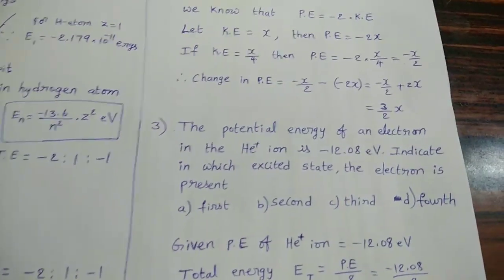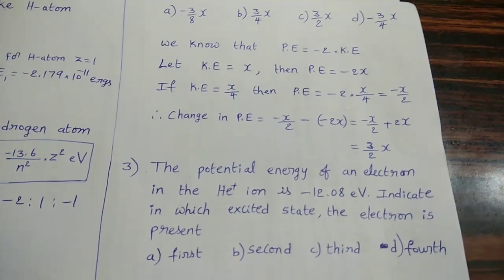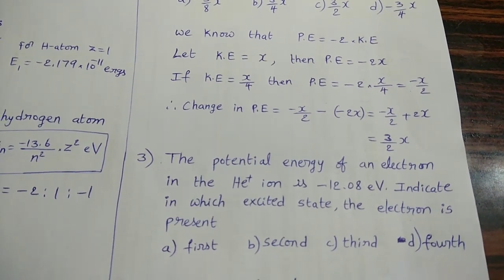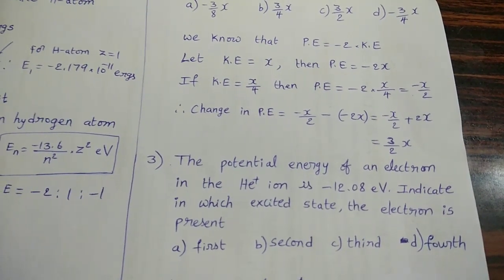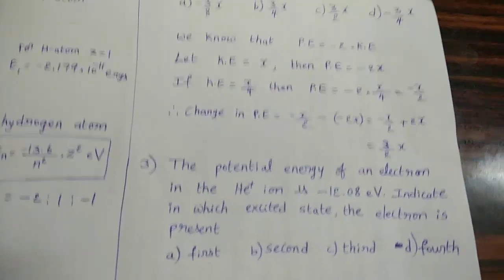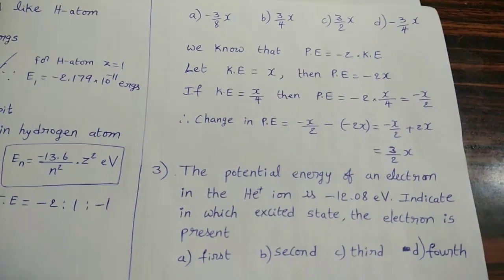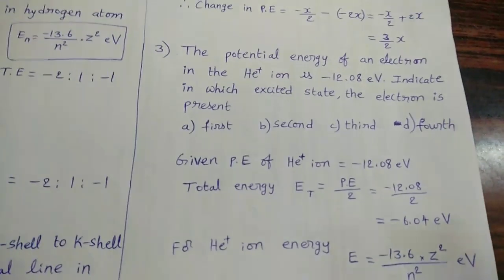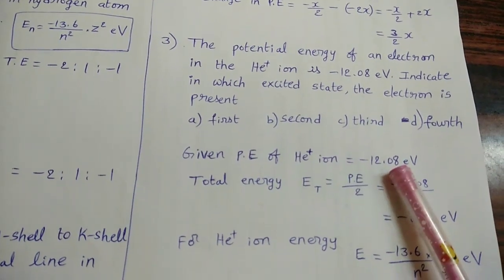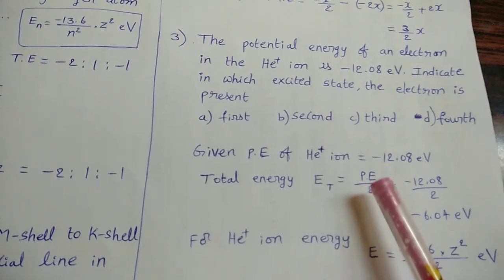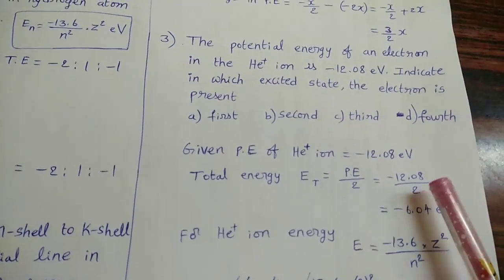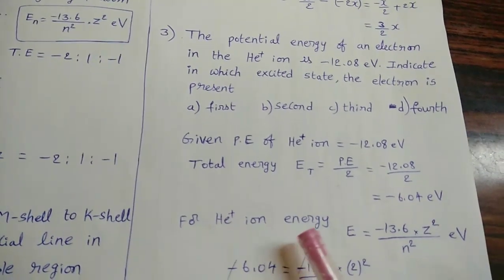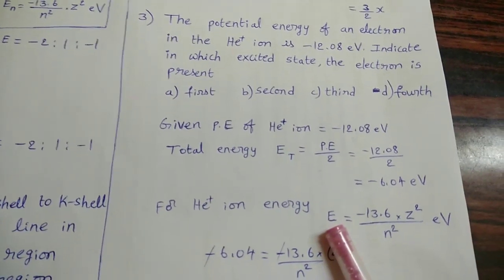Next, the potential energy of an electron in the He plus ion is minus 12.08 electron volts. Indicate in which excited state the electron is present. Potential energy value is given. Based on that, excited state we should find out. See this one, given potential energy of He plus ion, this one, total energy Et equal to potential energy divided by 2. Then we can get total energy, this one. Next, for He plus ion, energy E equal to, what is the formula?